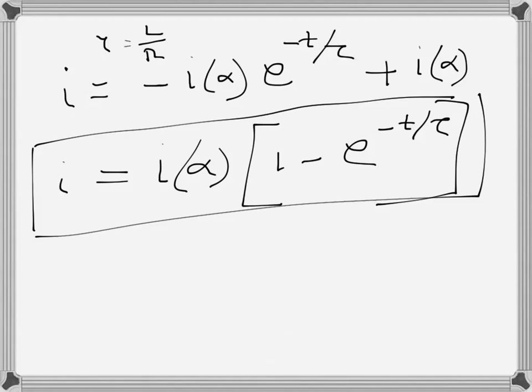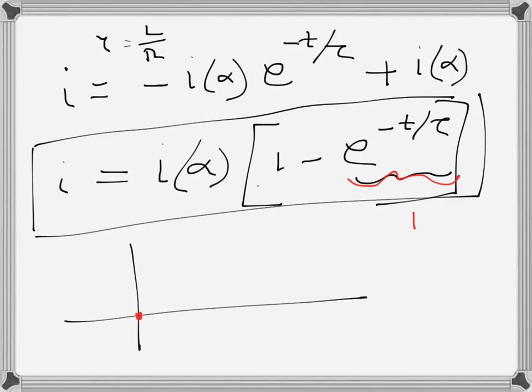This is the equation where the current is exponentially rising. At t equal to 0, the exponential part is 1, so the whole term is 0.